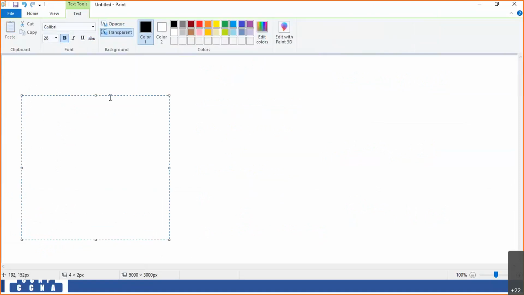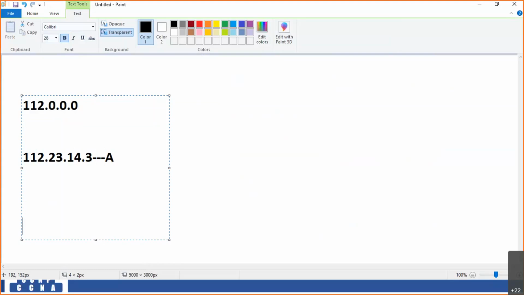Let me ask some quick questions here. The first one is 112.23.14.3. Which class IP address? Class A. What will be the network ID of this IP address? 112.0.0.0.